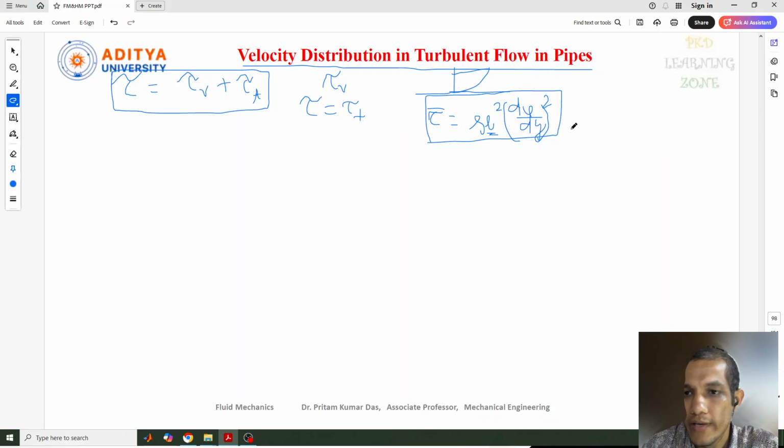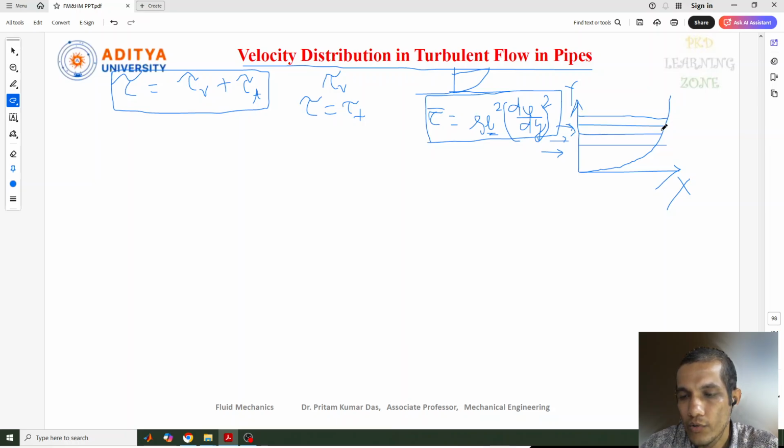Let me draw the diagram of what we discussed previously. Suppose this is the x direction and this is the y direction, and the fluid flows in this direction. These are the layers in the fluid flow.